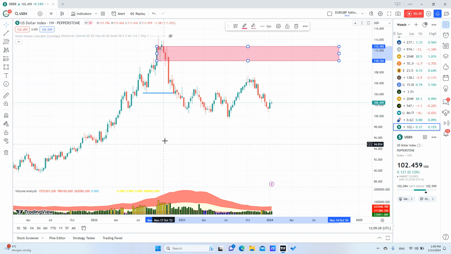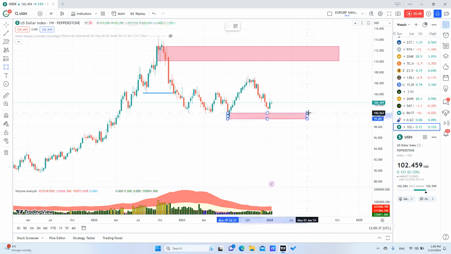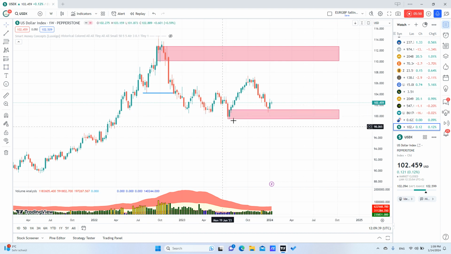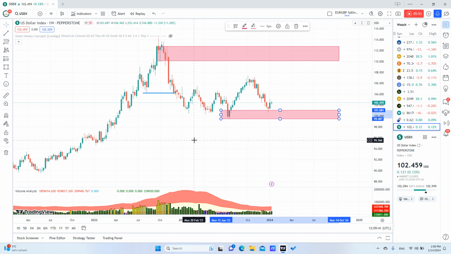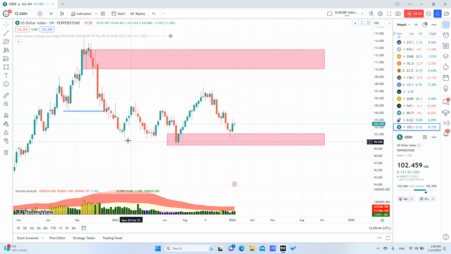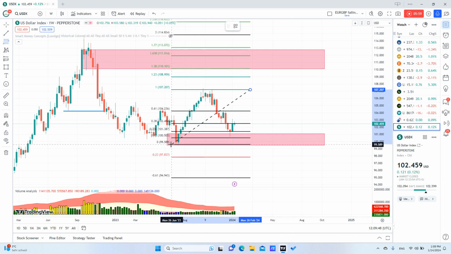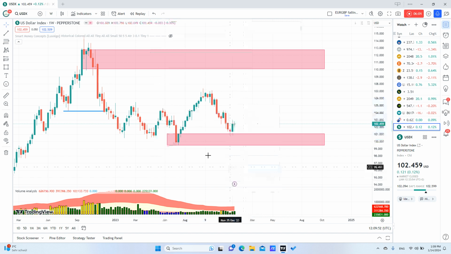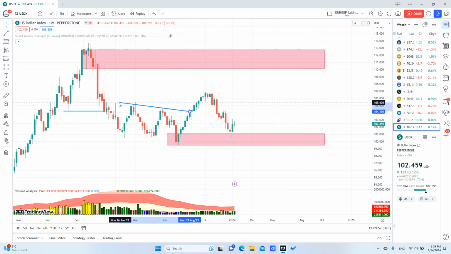But this doesn't mean that we are starting to sell dollar now, because here I think we have some strength right now. My expectations don't have to be right, but as I said, it's only my expectations. I expect price to go from this demand here, because also this demand broke this structure here, and one, two, three.